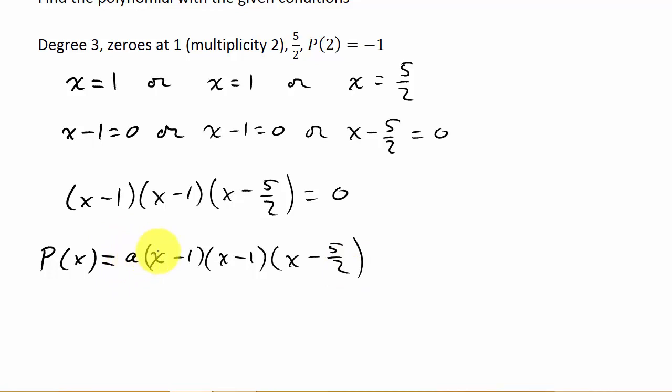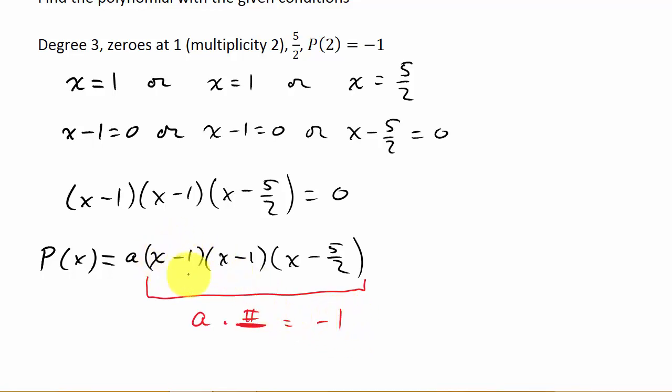I've got to multiply it by that a, because when I plug 2 in and evaluate it, I have to make sure I get -1 as an answer. If I plug 2 in for x and get some number, and it doesn't equal -1, then I can say a can be whatever makes it work, so I multiply a times whatever number I get when I plug the 2 in, so it'll equal -1.